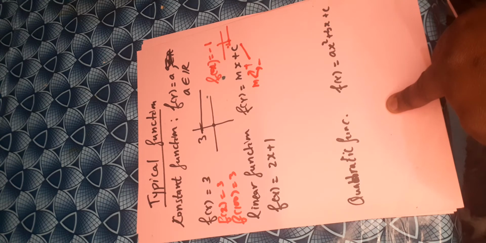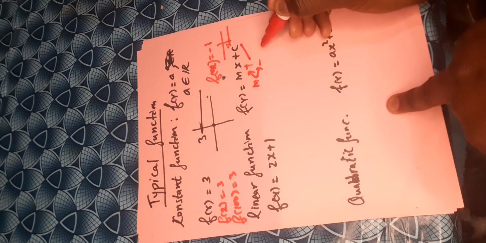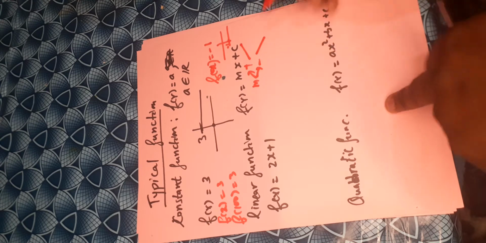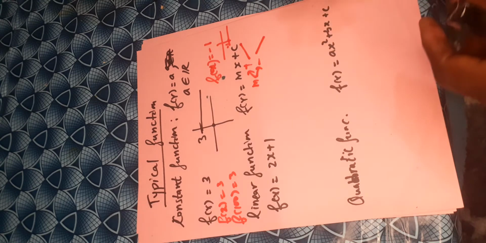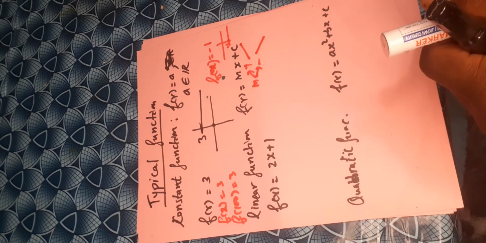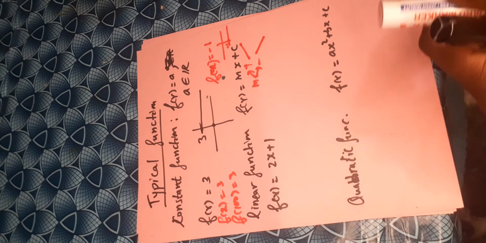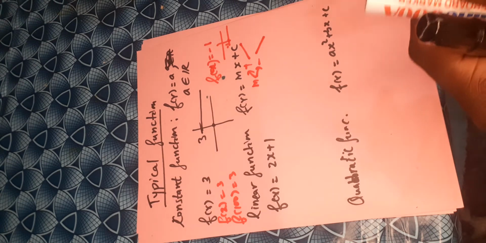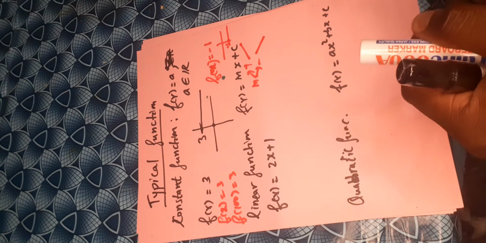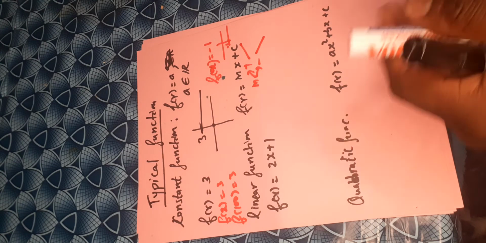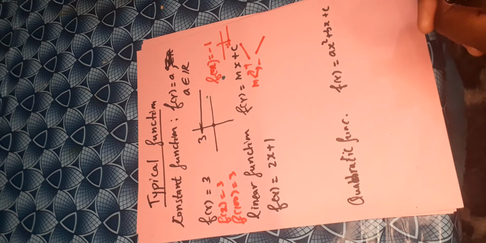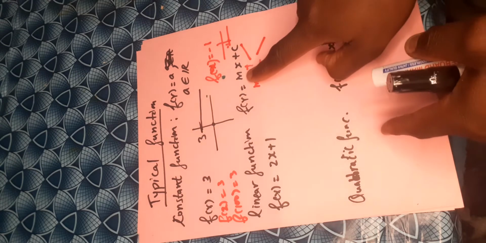And if m is negative, your graph will look like this. Obviously, they are straight lines, but a little bit inclined, oblique. In French, they call it la ligne oblique. This is how the shape will look, depending on the value of m.